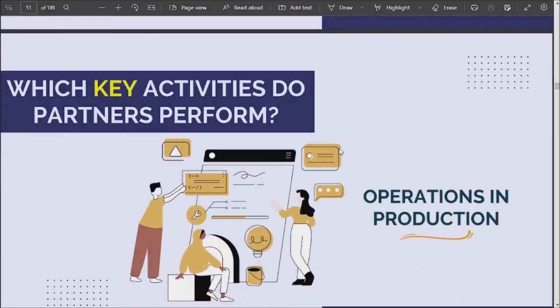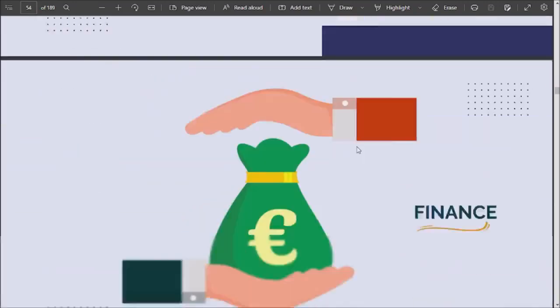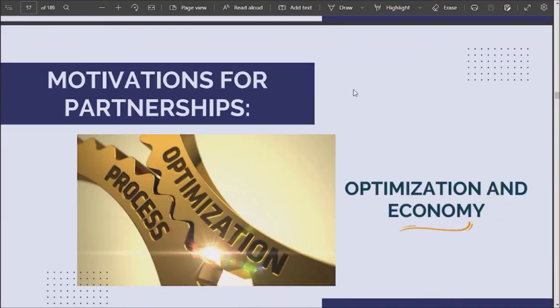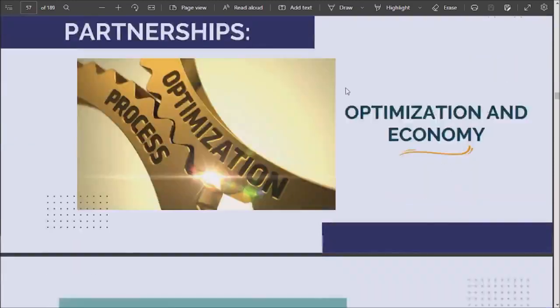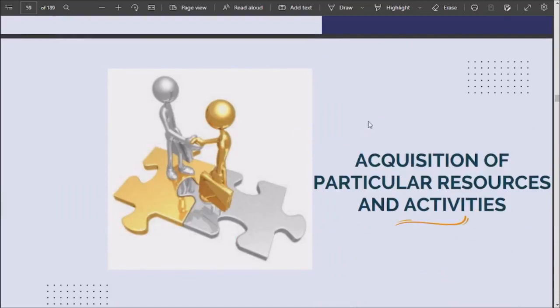They can be performing operations in production, marketing, sales, finance, administration. Our motivations for partnerships: this can help optimization and economic growth, it can help reduce risk and uncertainty, and lastly, it can help the acquisition of particular resources and activities.